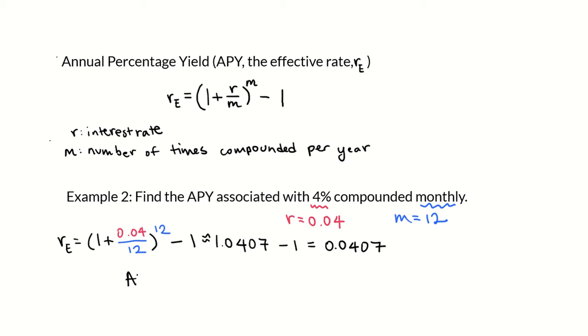That means that the APY, if we rewrite this as a percentage, would be 4.07%.